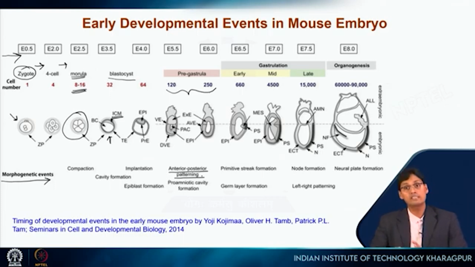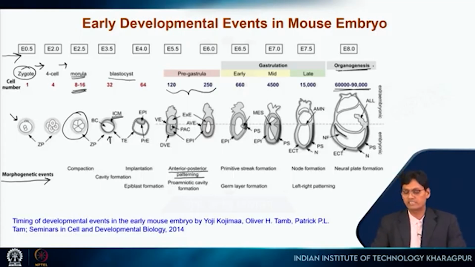So this is the difference between Drosophila embryo development and mouse. Slowly it goes to further developmental stages, and when the cell numbers are very high, almost 60,000 to 90,000, from that point organogenesis will start.